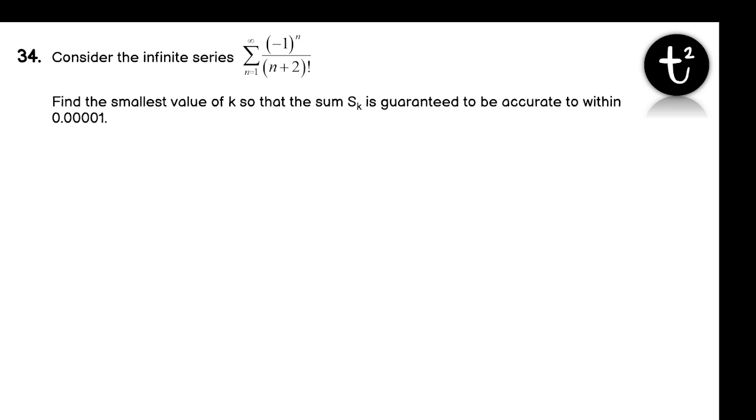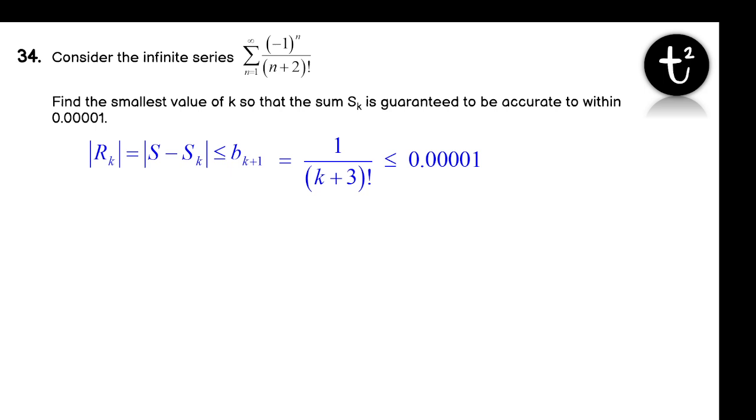Alright, in the next part of the problem, we want to find the smallest value of k so that the sum S sub k is guaranteed to be accurate within 0.00001. So this means that b sub k plus 1 needs to be less than that value. So we need to come up with what the term b sub k plus 1 looks like.